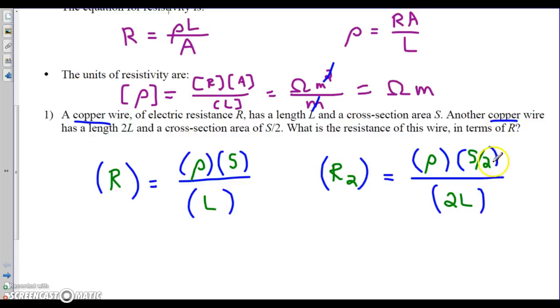Let me move all of these other values that we've added in front of the variables. And when we do that, what do we get?